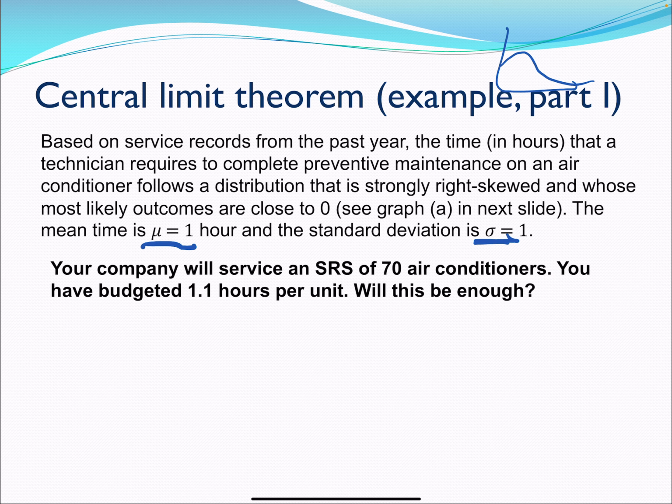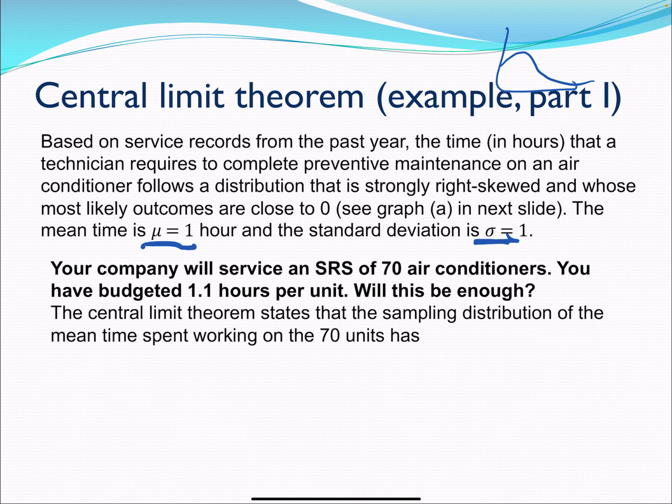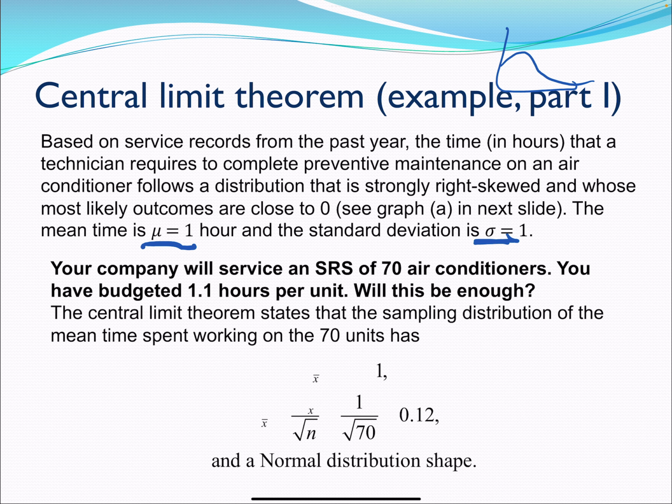Your company will service a simple random sample of 70 air conditioners, and you've budgeted 1.1 hours per unit. My question is, will this be enough? So the central limit theorem states that the sampling distribution of the mean time spent working on the 70 units has a sample mean equal to our population mean, which is 1.